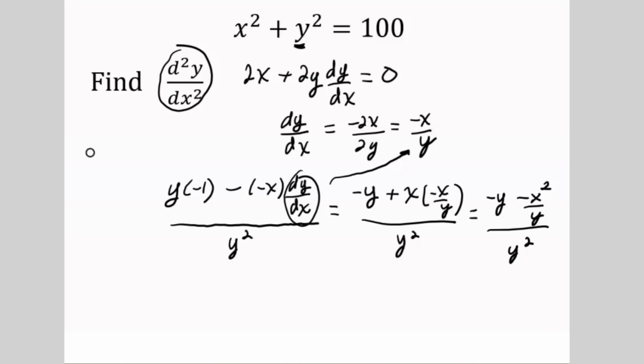If we wanted to simplify this further, we would get negative y squared minus x squared over y, divided by y squared, which would equal negative y squared minus x squared over y to the third.